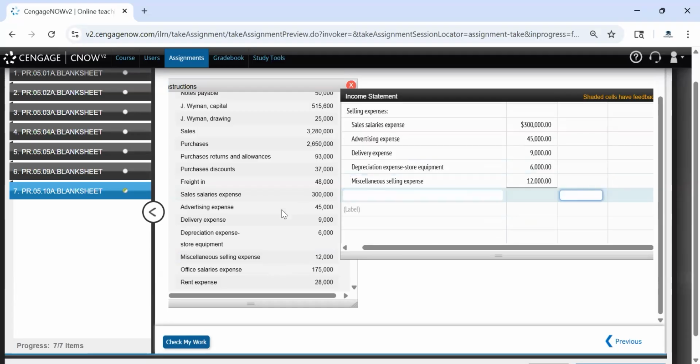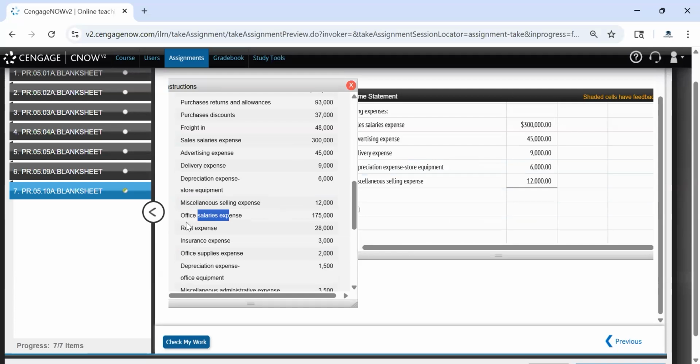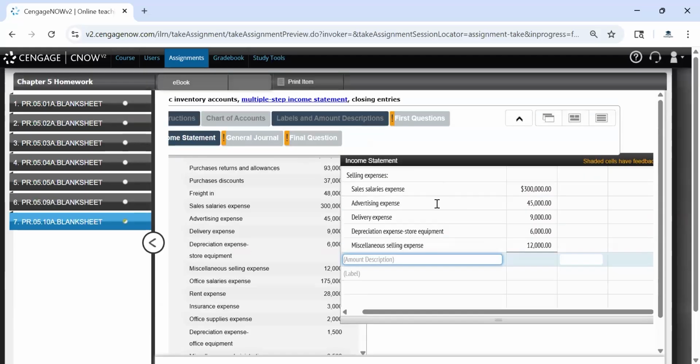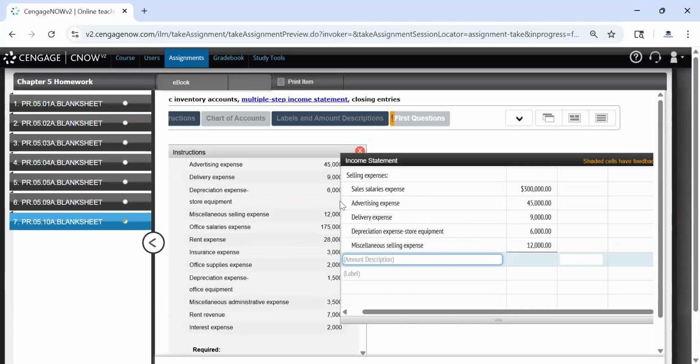Now it's asking us for a subtotal, and you can see our next expense, office salaries, rent expense. These are administrative expenses. That's something like for the head office. That's not for the people actually doing the sales, like the sales associates, like the advertising.